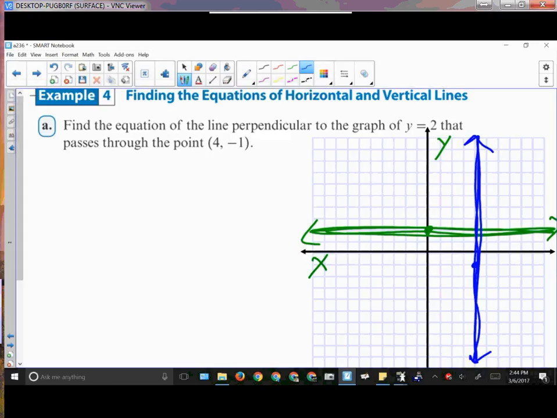So where is it going through the x-axis? Because I had to go over 1, 2, 3, 4, the equation is right there: x is equal to 4. So if it needs to be perpendicular, all I have to do is identify the other. If it's y, then I've got to look at x. If it's x, then I've got to look at y.